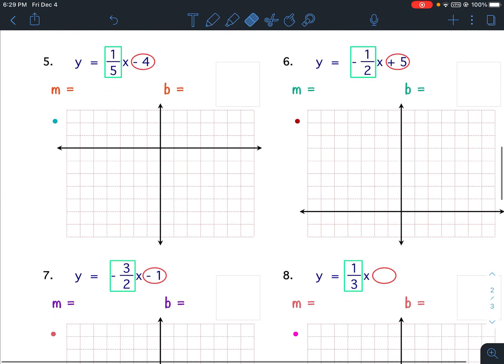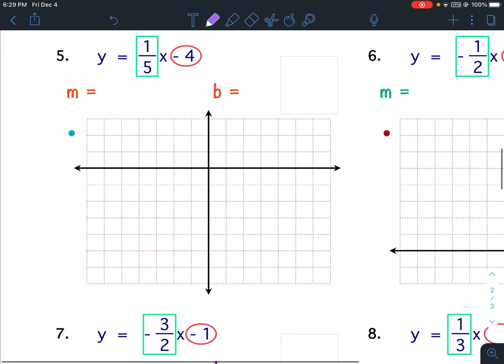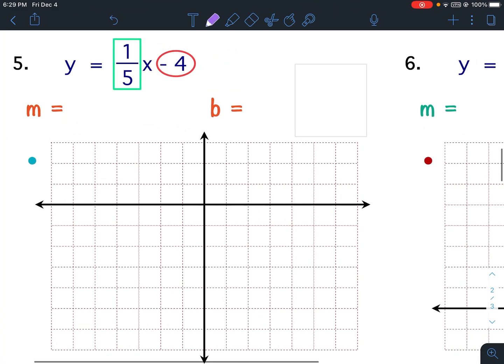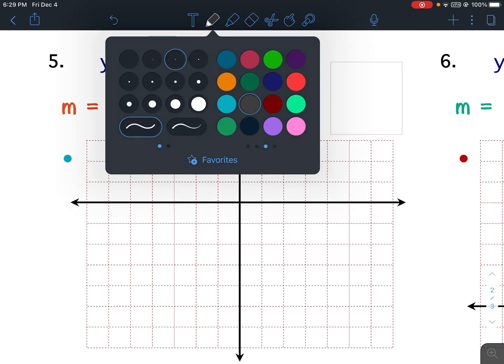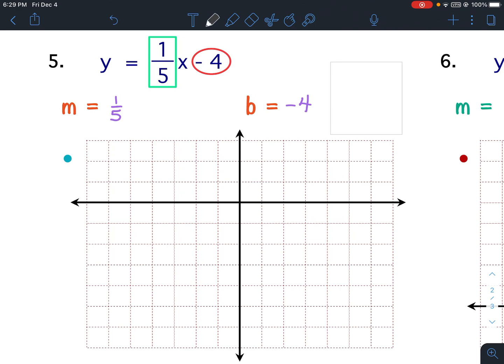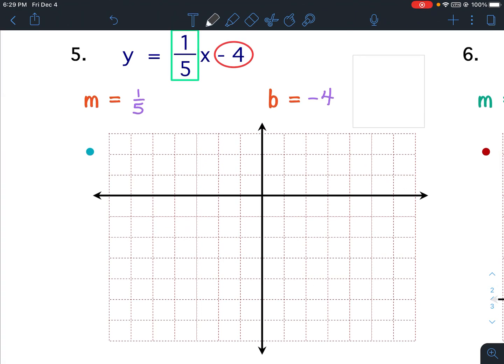Okay, so number 5. My slope is the number in front of x, the coefficient of x, which is 1/5. My y-intercept is behind x, which is -4. I just want you to write over here that it is positive, and then that it'll be going up.